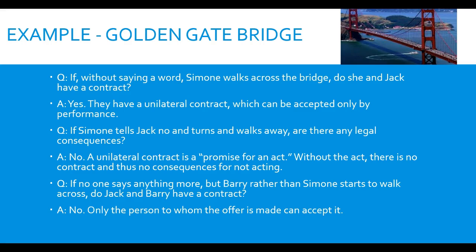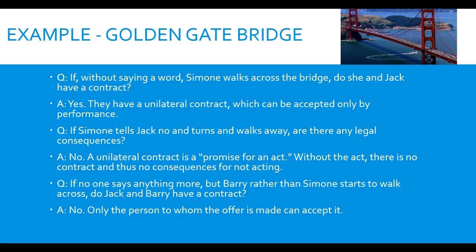So, if without saying a word, Simone walks across the bridge, do she and Jack have a contract? Well, yes, they do. They have a unilateral contract, which can be accepted only by performance. The performance in this case was Simone walking across the bridge.